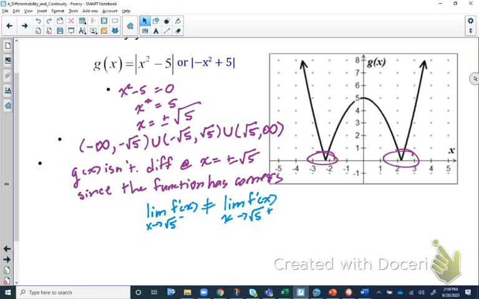And this is where I'm looking right here because I did the positive radical 5. I could make a similar statement at the negative radical 5 and show with the definition of differentiability at a point why it's not going to be differentiable.